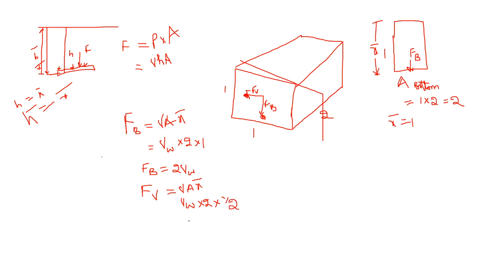Okay, so here what will happen? For vertical force, only gamma W will remain. This is the bottom section. If you cut the bottom and take the x bar, that will become 1. If you take the vertical, force will become gamma W.